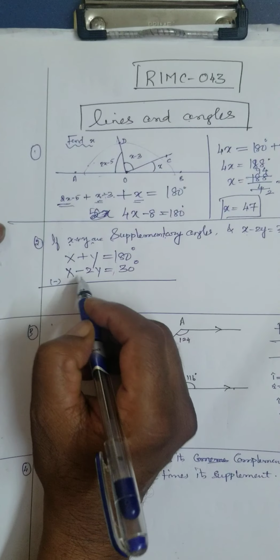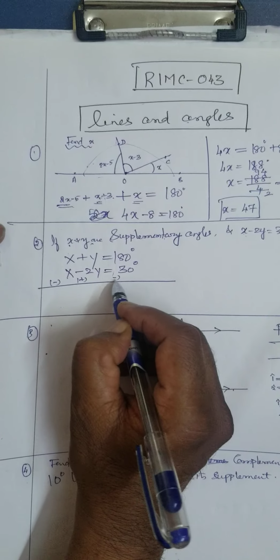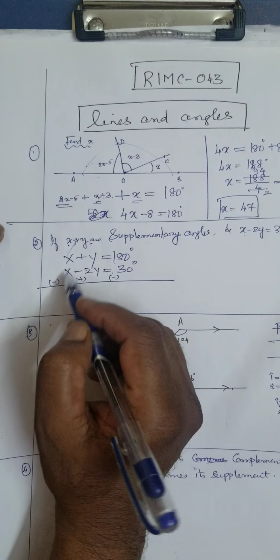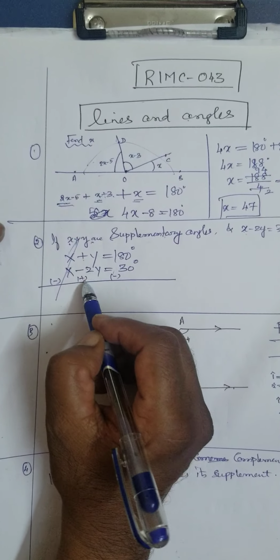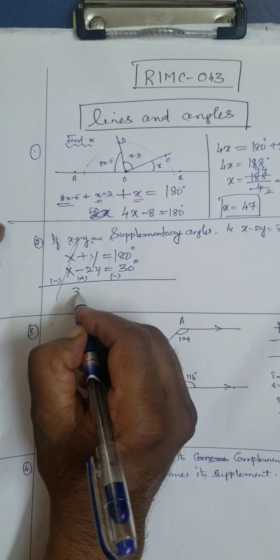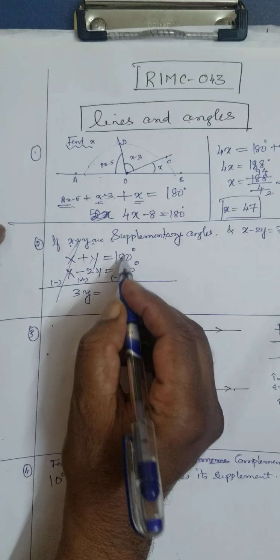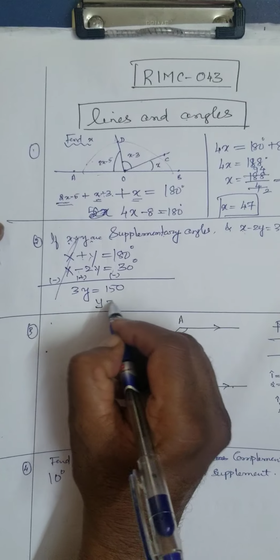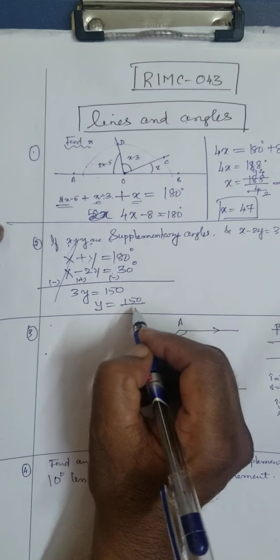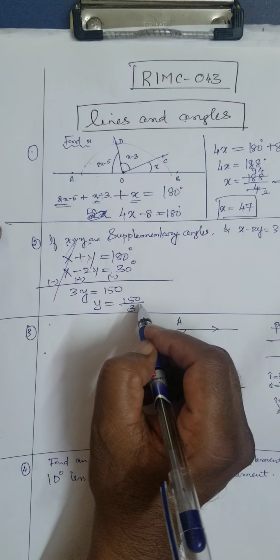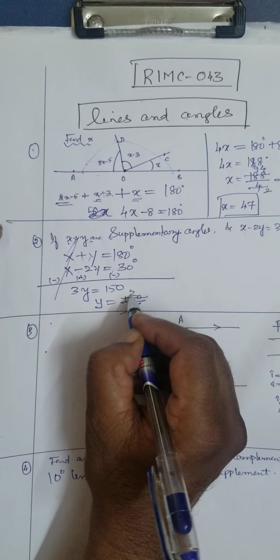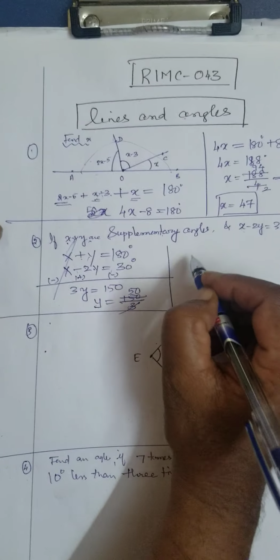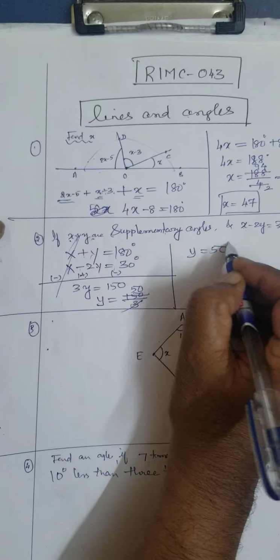Simply change the sign. Plus x and minus x will cancel. Y plus 2y is equal to 3y, and 180 minus 30 is equal to 150. Therefore y is equal to 150 by 3, which is 50 degrees.